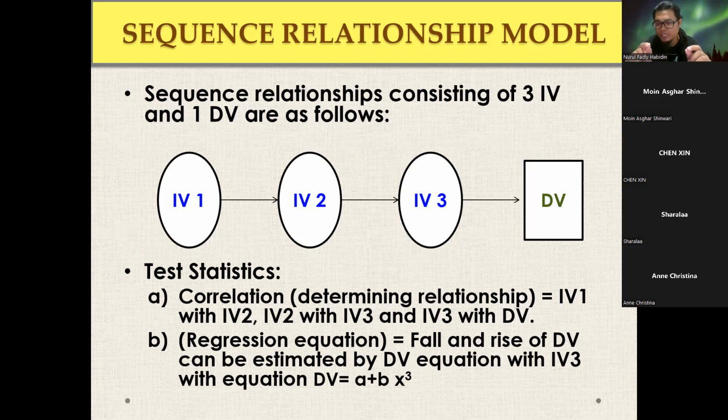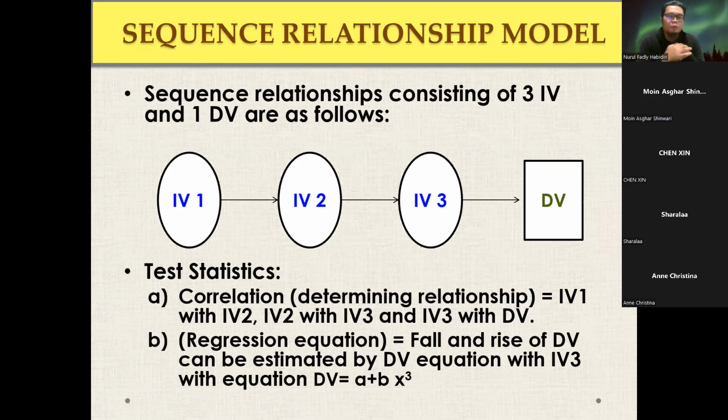Only IV3 has a direct relationship towards the dependent variable, meaning IV1 and IV2 have an indirect relationship towards it. From my observation, currently in 2022, most researchers do not use this sequential approach. Basically, they use the vertical one: IV1 to DV, IV2 to DV, IV3 to DV.